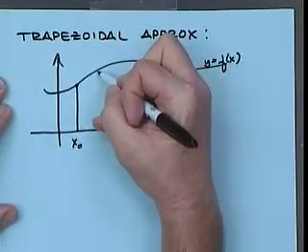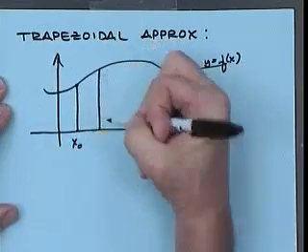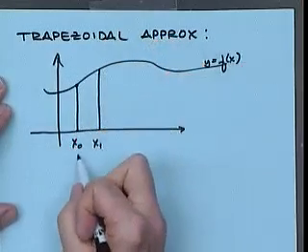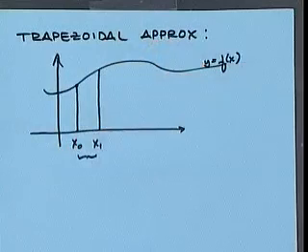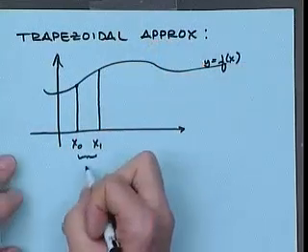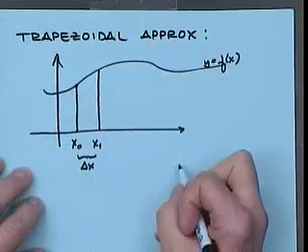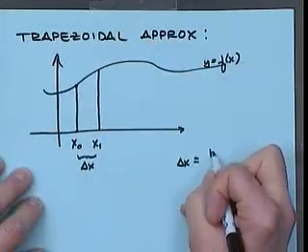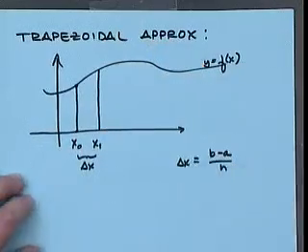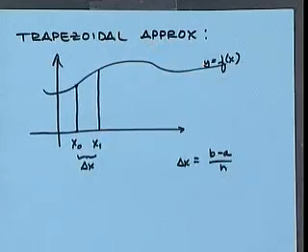Let's go to our next place, which to get from x0 to x1, we're going to move over delta x units. And we'll decide on delta x by taking where we end completely minus where we started and divide it by n, however many of these things we want.